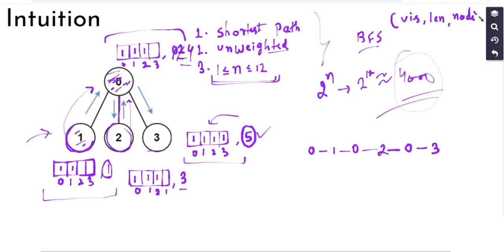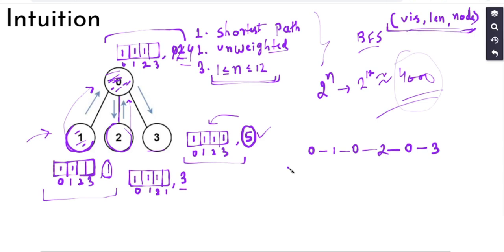These three things are pushed into the queue for all the nodes of the graph, because we want to start BFS from all the nodes. So how would we make sure that we always obtain the shortest path? For that, I just have to start the multi-source BFS. So I push this tuple for all the nodes in the graph, and I start my BFS search.